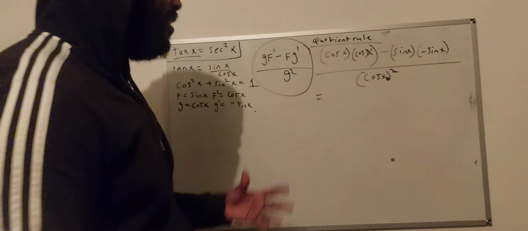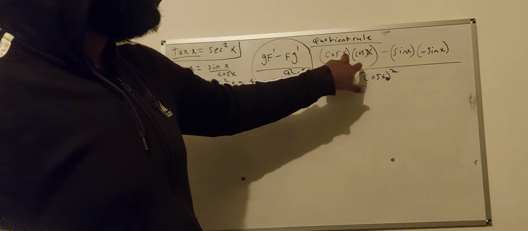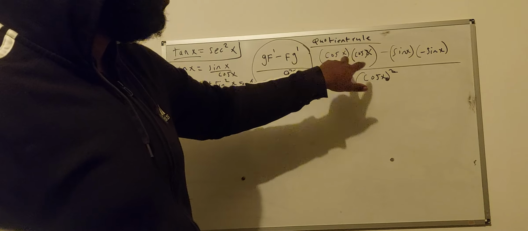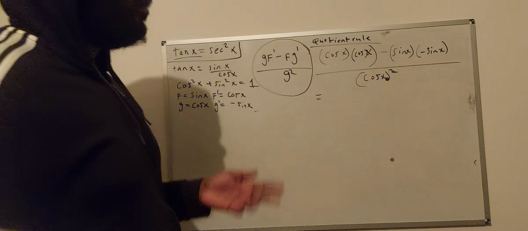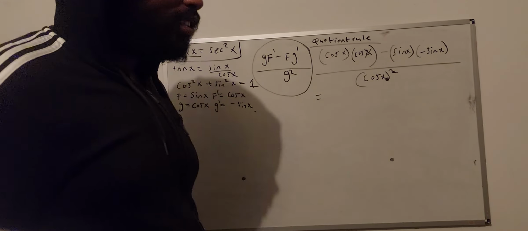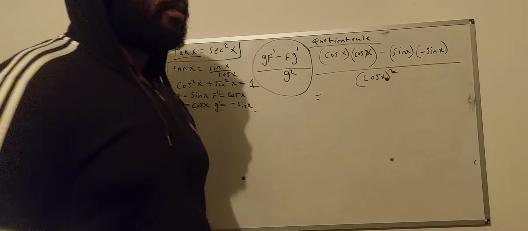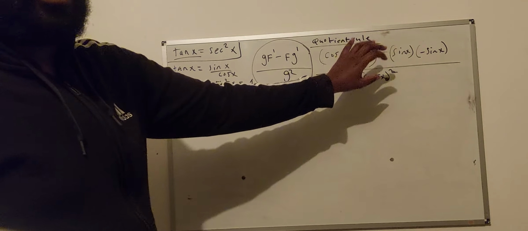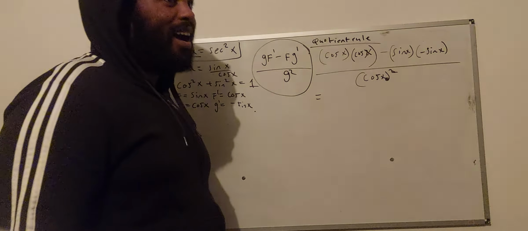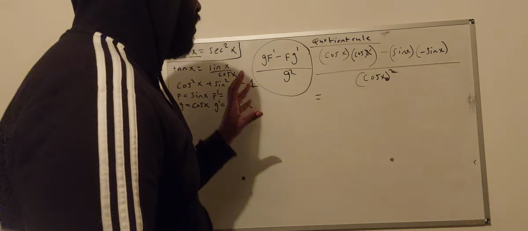Okay, so now how do we expand these values? Well, you're going to have to know something called FOIL. It's basic algebra, but if you don't have a basic algebra understanding, this is going to seem like too much for sure. I'm coming under the understanding that you have some basis of algebra.